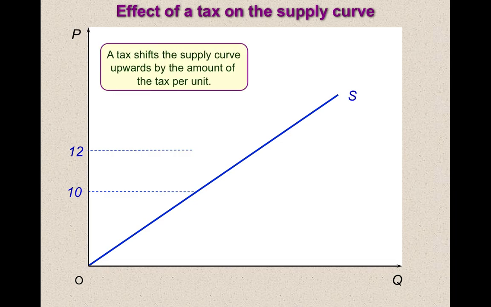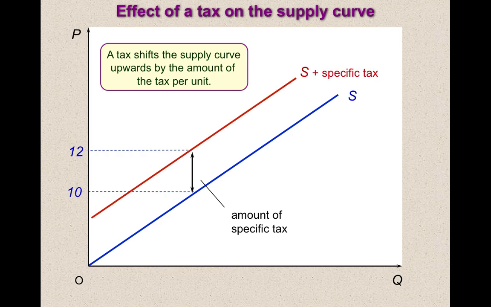It shifts the supply curve upwards at all quantities by $2, or whatever the currency is that you're using, so it's parallel to the existing supply curve. It's pretty easy to make. This is the kind of tax that we're going to be talking about for most of the lecture, so keep that in mind. Usually on IB tests, most of the taxes asked about in questions are specific taxes or flat taxes. Okay, let's move on.